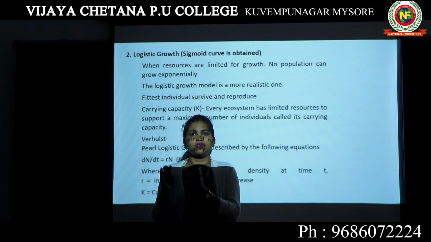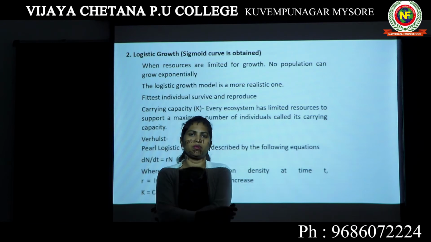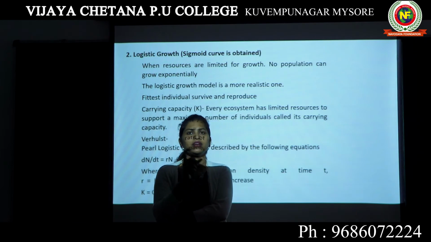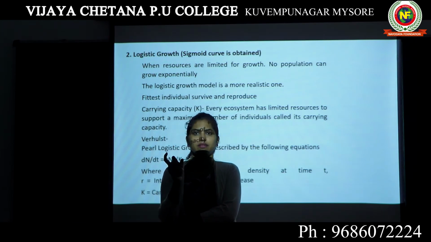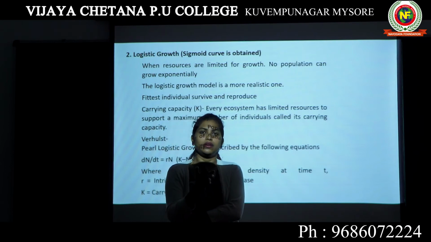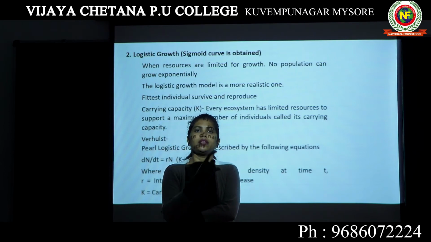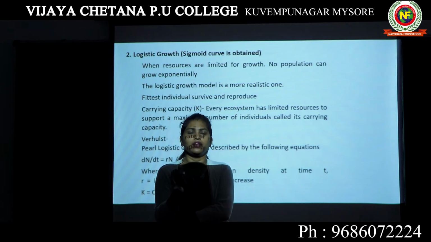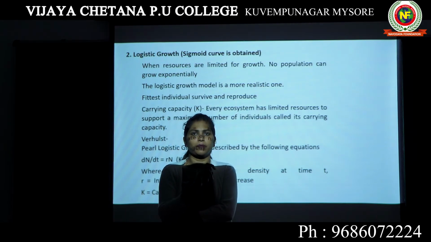Population density is 10 for that particular lion population. That deer is a resource for those 10 lions, but it is a limited resource. If you are giving one deer to one lion each, that is not a limited resource. Whereas giving one deer to 10 lions becomes a limited resource.